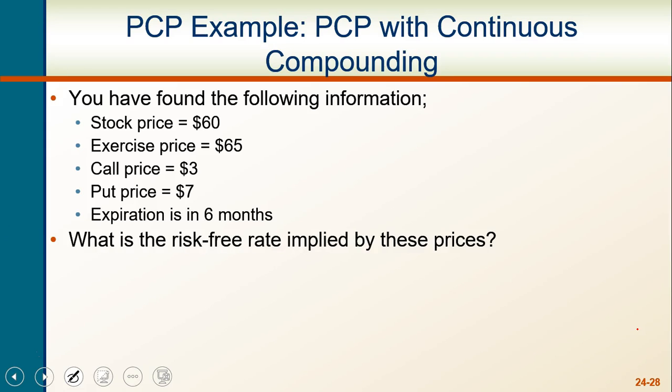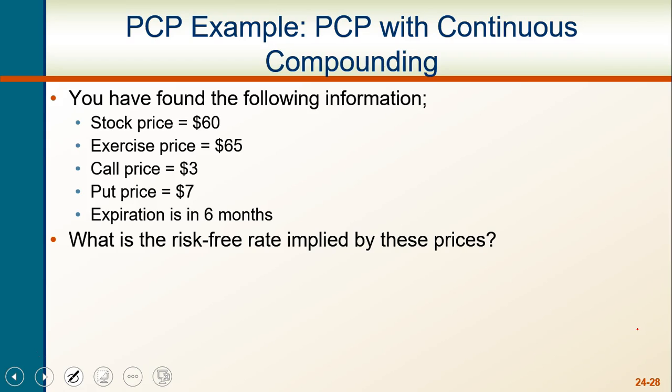The question asks us about finding the risk-free rate implied by these prices. So if we are to find out the risk-free rate implied by these prices given here, we can again use the put call parity condition to find out the one unknown, that is the R in this case.